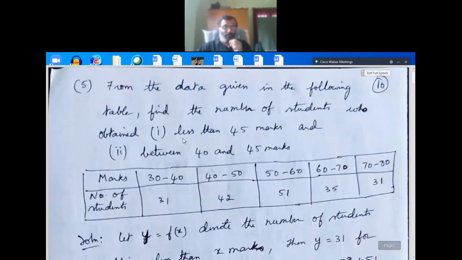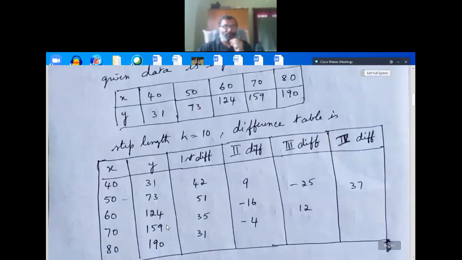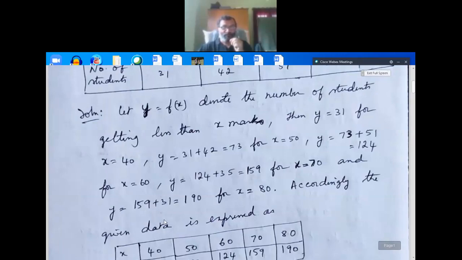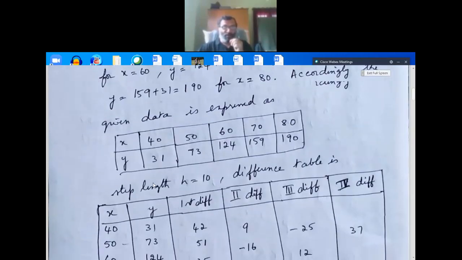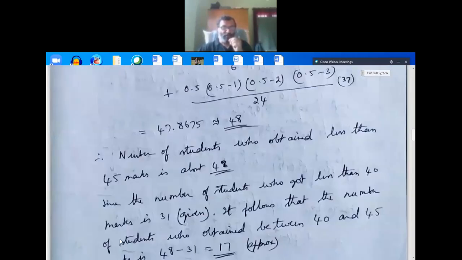Since the number of students who got less than 40 marks is 31, it clearly follows that the number of students who obtained between 40 and 45 marks is the count till 45 minus the count till 40.